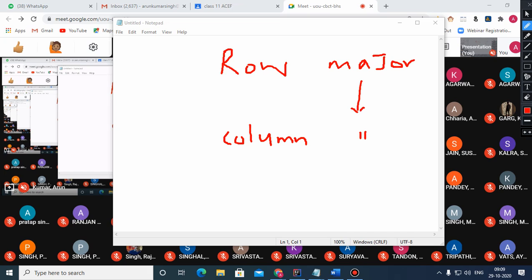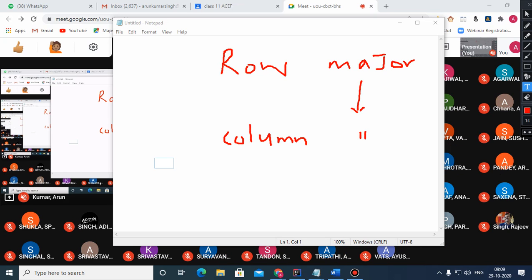So here you have a simple formula that you have to use, and the formula says: address of A of ij, which is actually the required element.